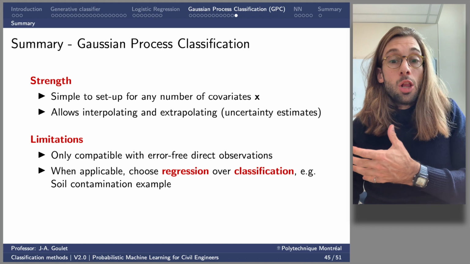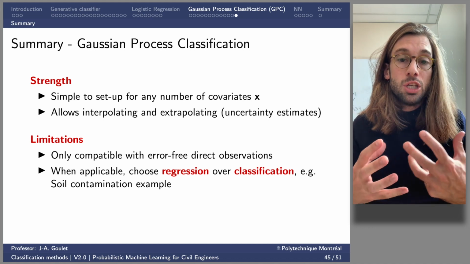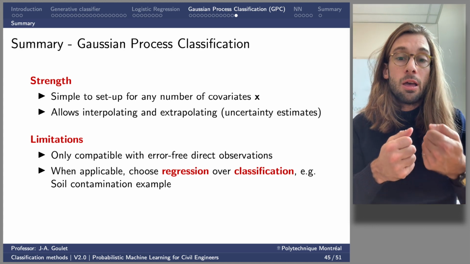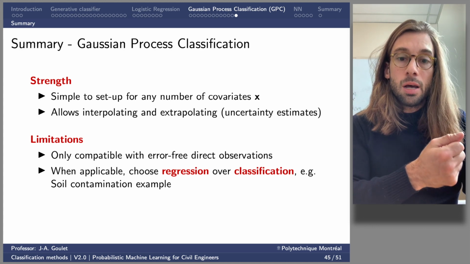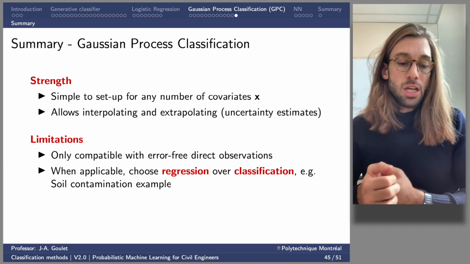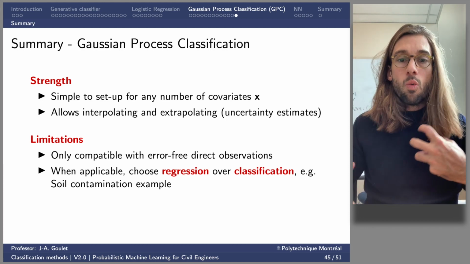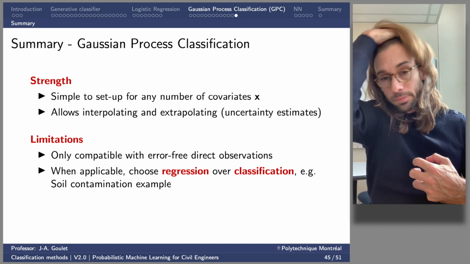This is not always possible. Whenever possible, you tend to have more observations or more information by working with a real quantity in a regression setup than when working in a classification setup. But as I said, it's not always possible, not always convenient. You have to see what's available in your specific context.